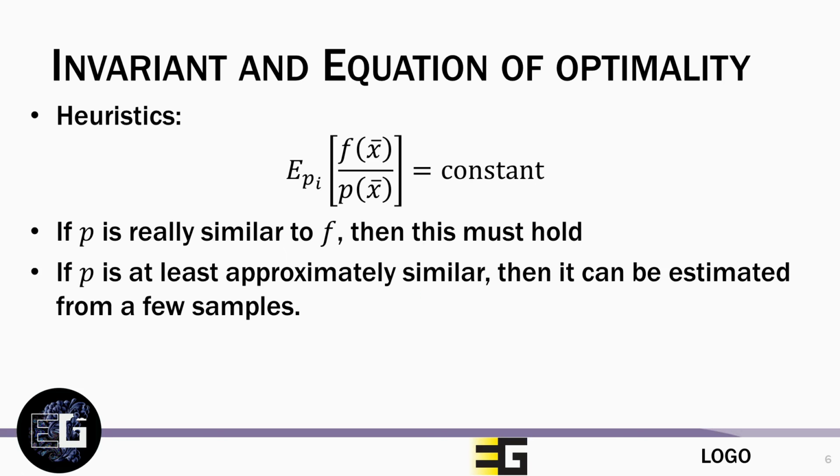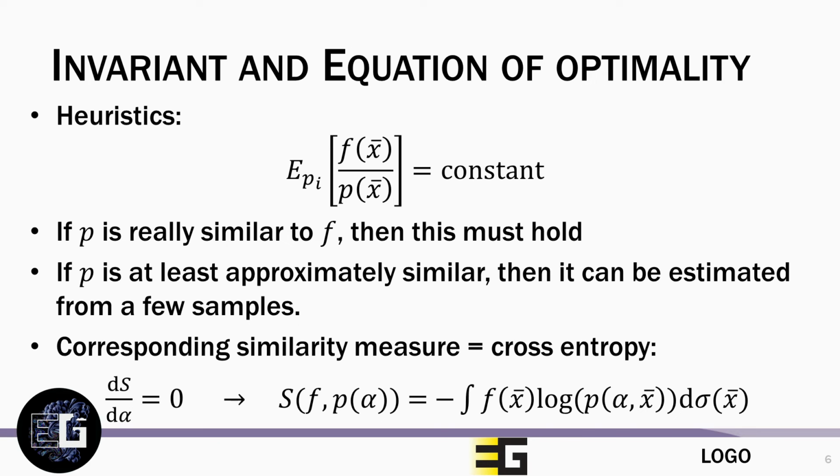Moreover, if the mixture density is at least approximately proportional to the integrand, the ratios have small fluctuation, so the parameters of the equation of optimality can be estimated from a very few samples.